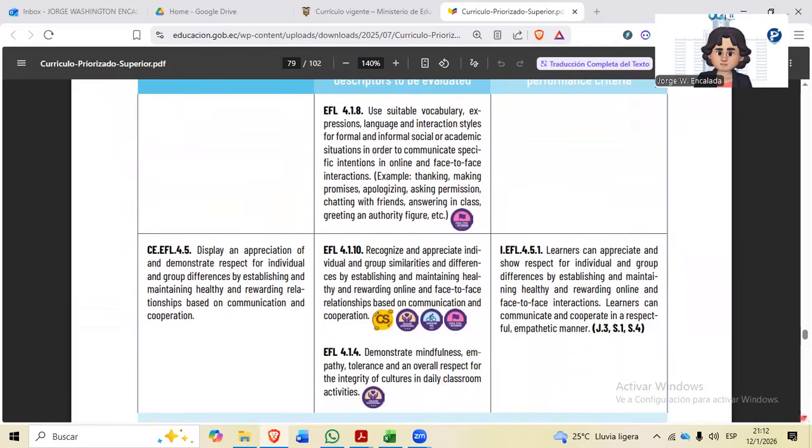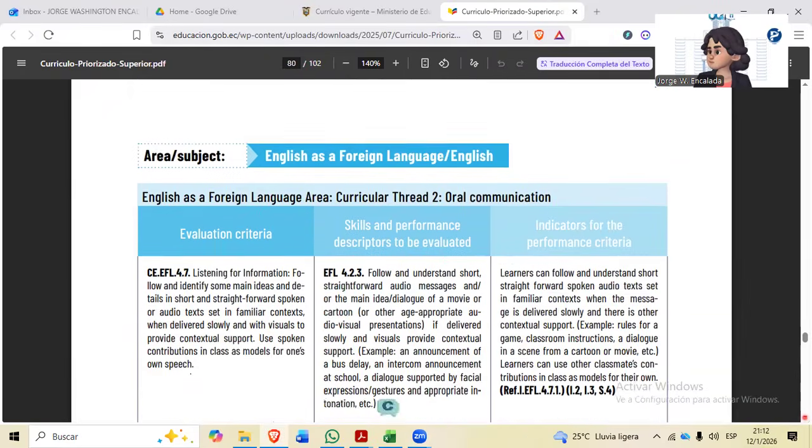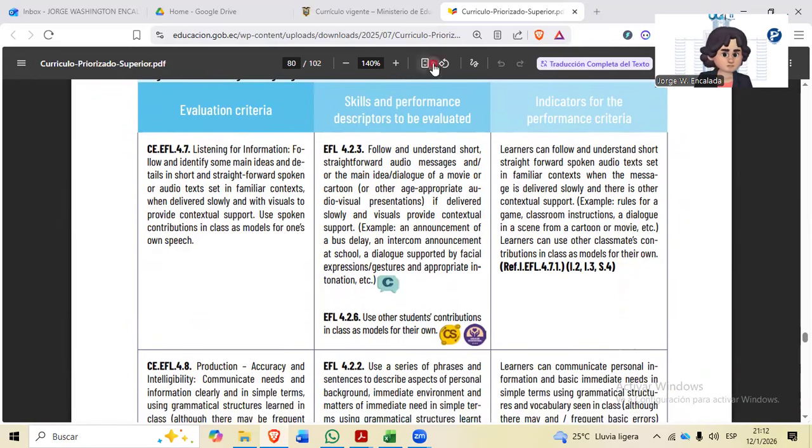So again, it's the same deal. For instance, here I am going to move a little bit forward, and in here we can identify, obviously now it's really easy because we are reading it in the title, the criteria of evaluation for the EFL from superior, and this one is number 7.